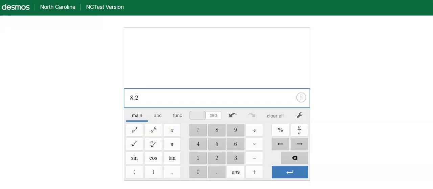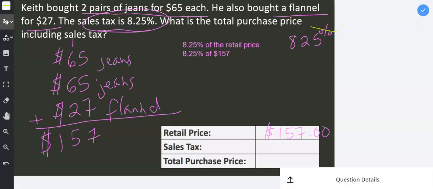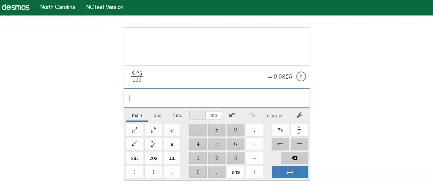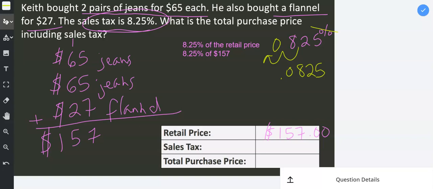So 8.25 divided by 100, that's the same as moving the decimal 2 times to the left, 0.0825. Let me show you. Once, twice, you put a 0 here, 0.0825. That's the same thing we got when we took 8.25 and divided by 100. We got 0.0825. So I'll go back to my typing tool.